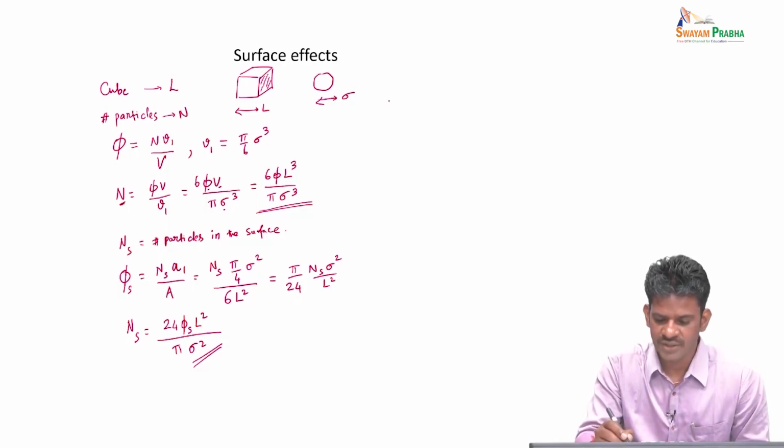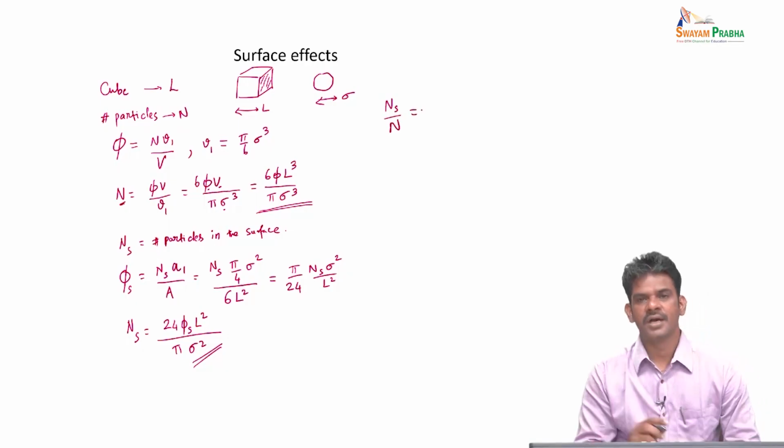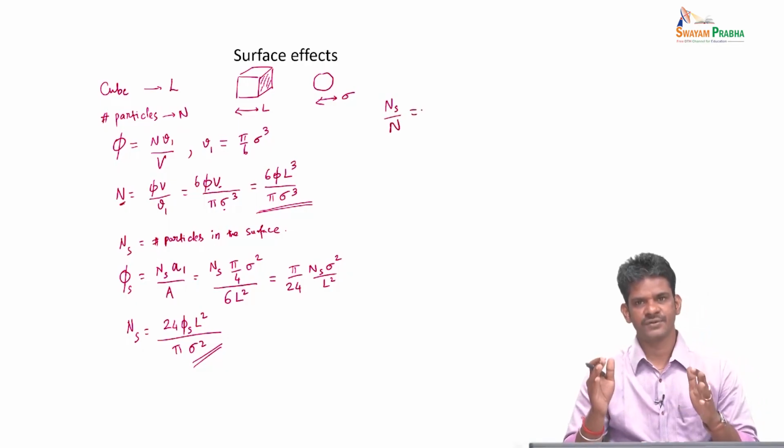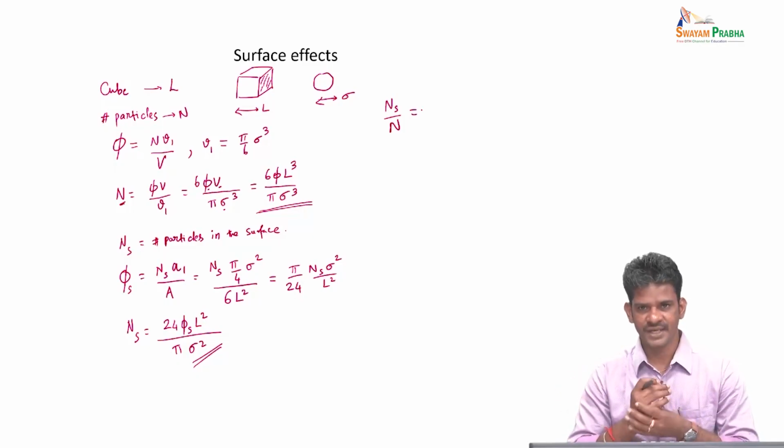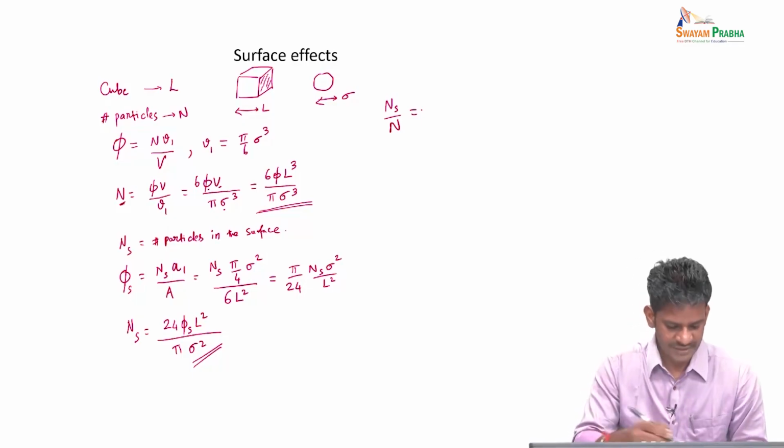So now let's find out what is the ratio of NS by N. So this ratio will tell you, for a given system size of L, sigma, and volume fractions and area fractions, what is the fraction of atoms on the surface versus the total number of atoms. So that's a fraction we want to estimate. So let's substitute for NS and N here.